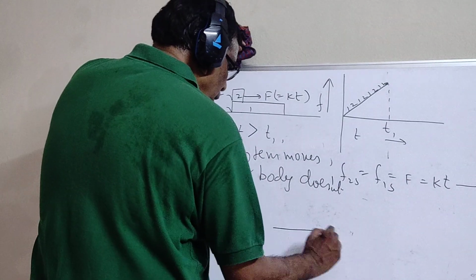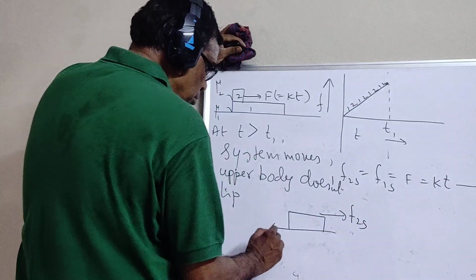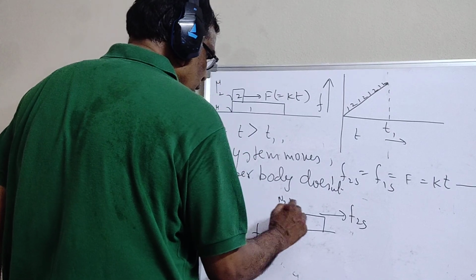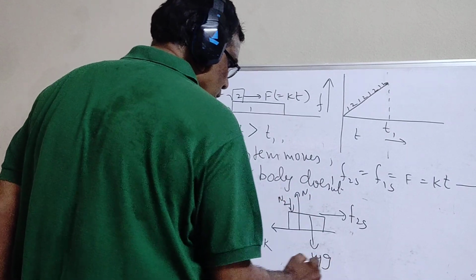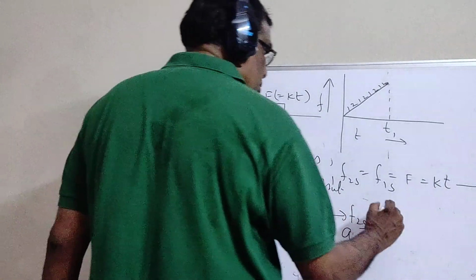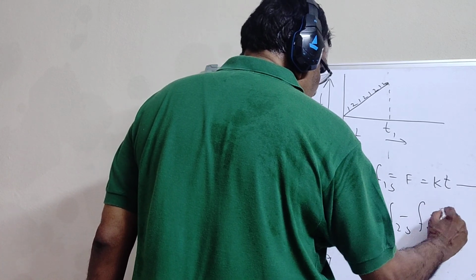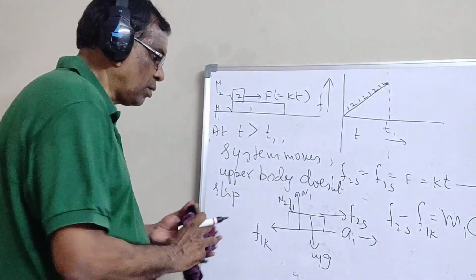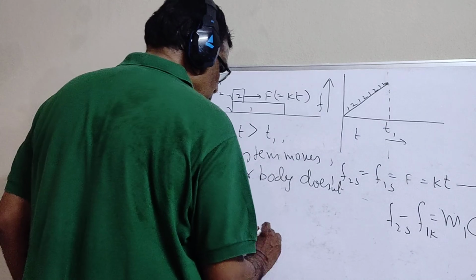So for the lower body, that is still F2S, but this is F1K, N2, N1, N1G. How do you write it? F2S minus F1K. Okay? Right. Now, the upper body.